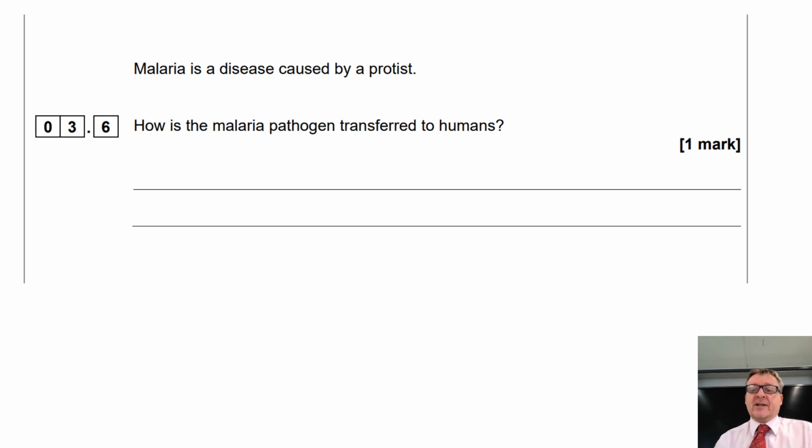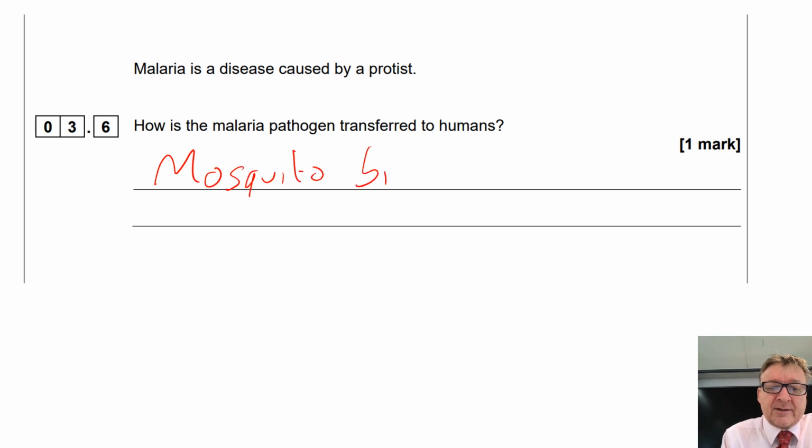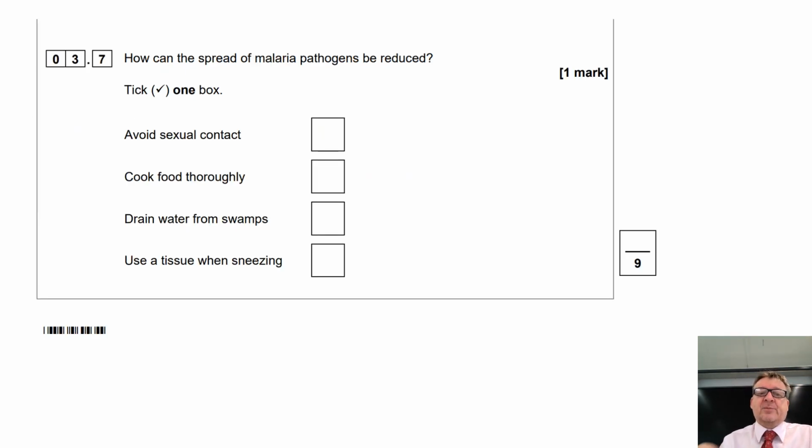Malaria is caused by a protist. How is the malaria pathogen transferred to humans? Mosquito bite. Horrible, nasty things. How can the spread of malaria pathogens be reduced? Tick 1 box. You've got to remember malaria is spread by an insect bite.